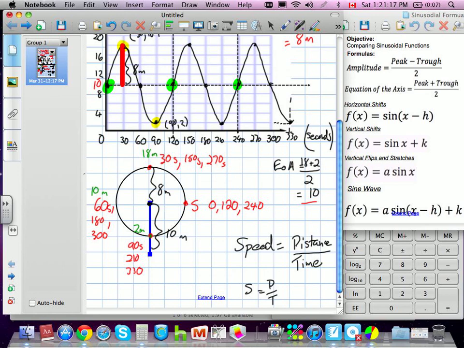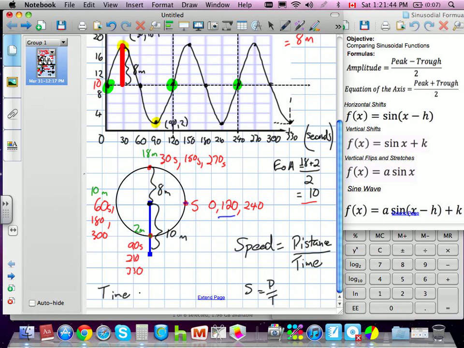So from here to here is another 8 meters, okay? And it makes sense why the ground, here's we got our 10 meter here, another 18 is our height. So if we're trying to figure out how fast this wheel is spinning, this is a very important piece of information. We need to know the time, which we have. One full rotation takes how long?